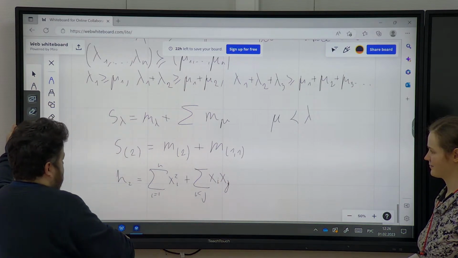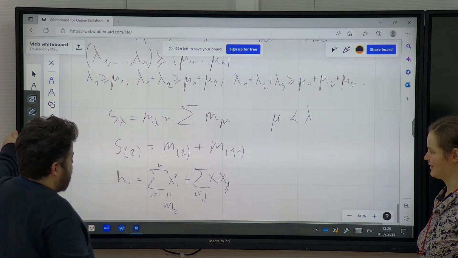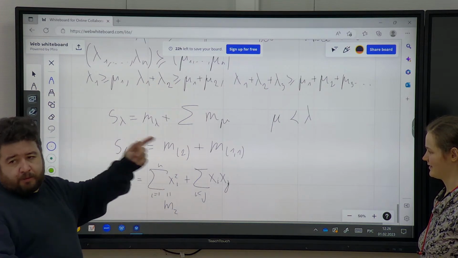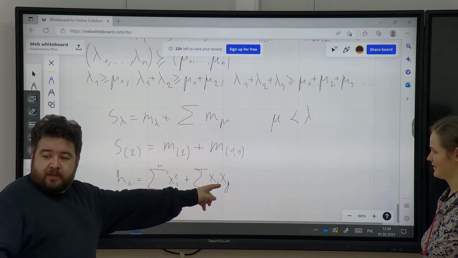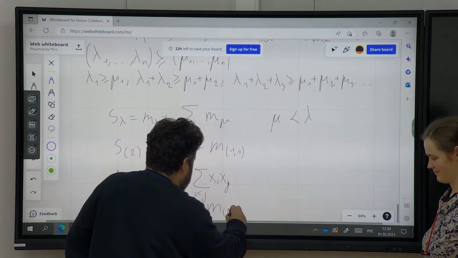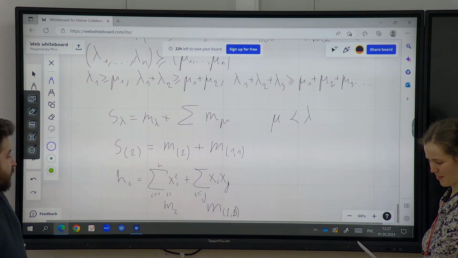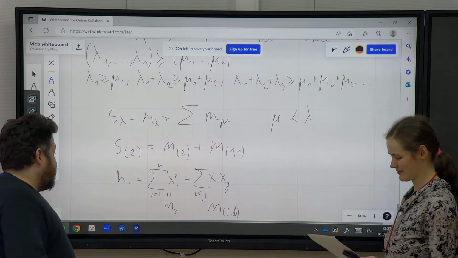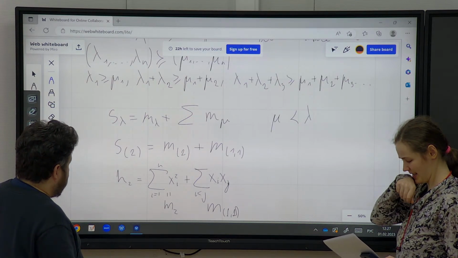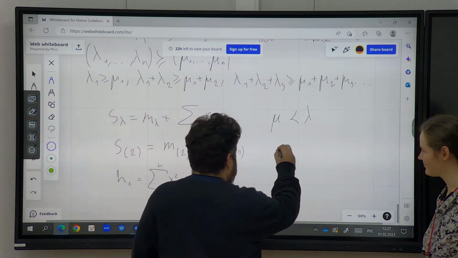This guy here is m2: we take x1 squared and symmetrize it. And this fellow is m11: you take a monomial of degree 1, 1, like x1 x2, and symmetrize it.